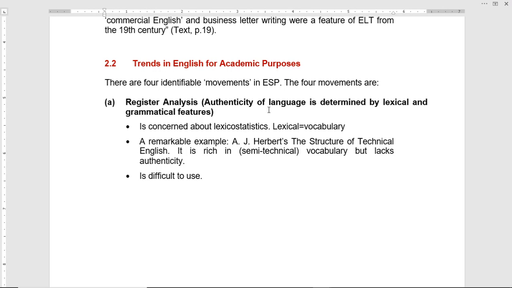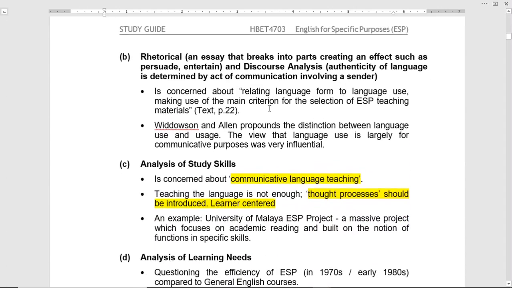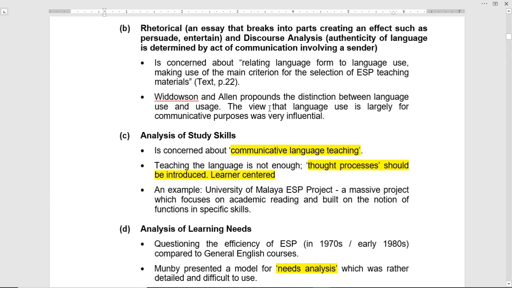Then the other movement is rhetorical and discourse analysis in academic English. Rhetorical means an essay that breaks into parts, creating an effect. So the essays, like persuasive and argumentative essays, have a logical connection; we call it coherence.